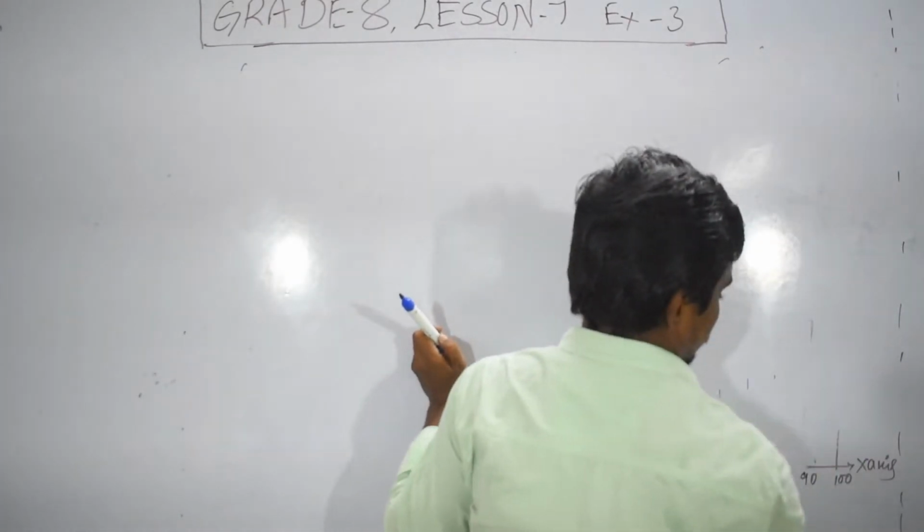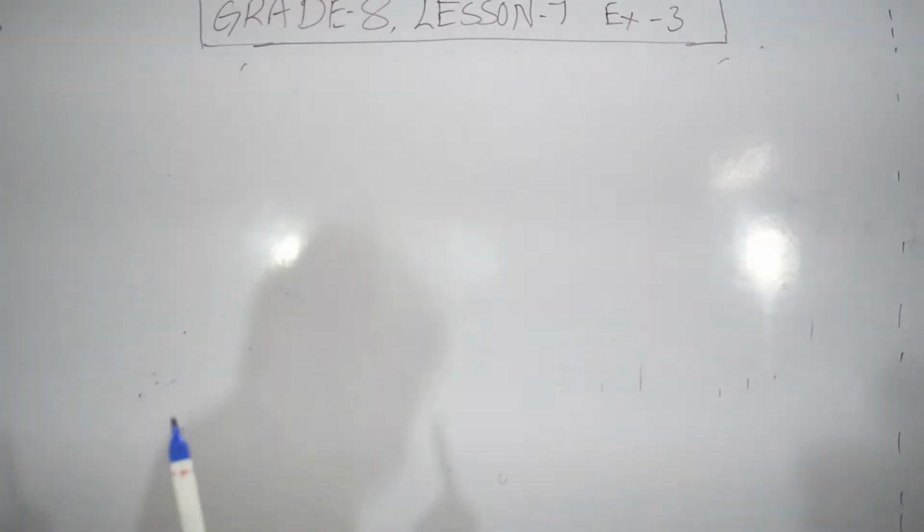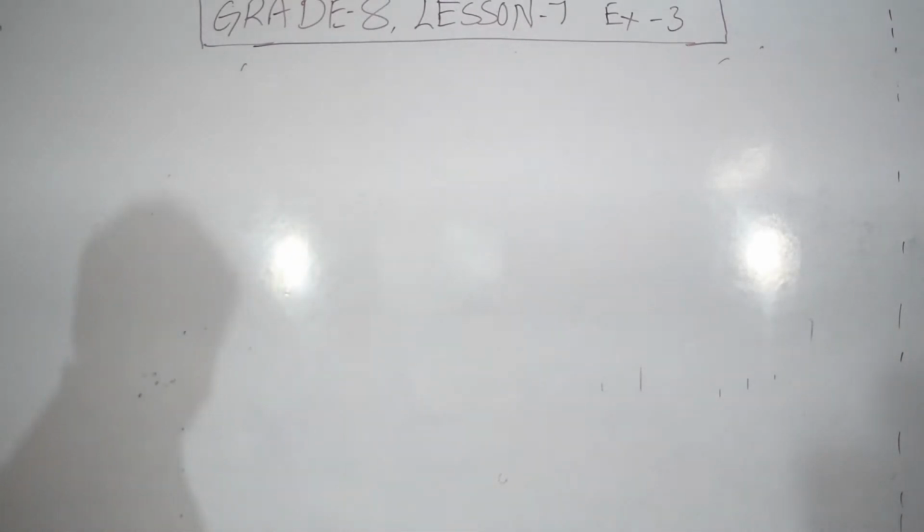Here see, the following table gives the distribution of 45 students across the different levels of intelligence quotient. Draw the histogram for the data.